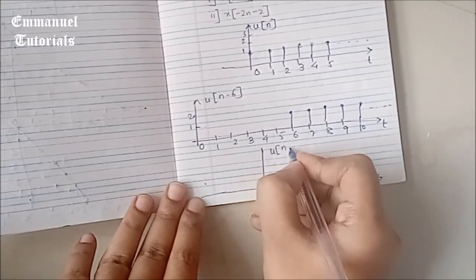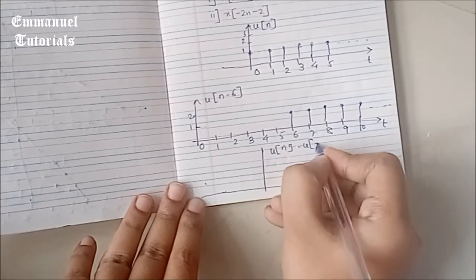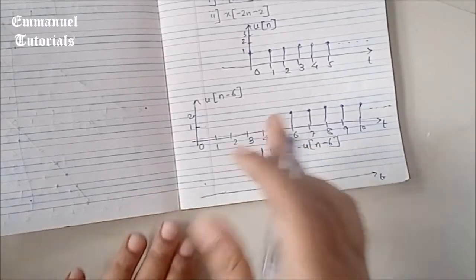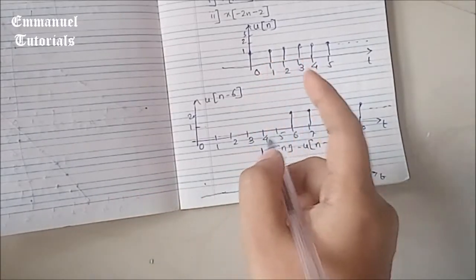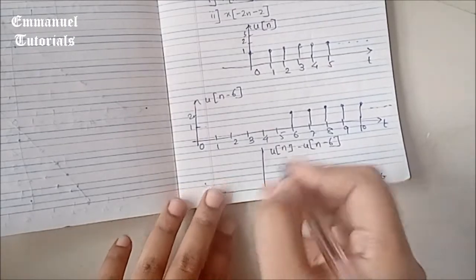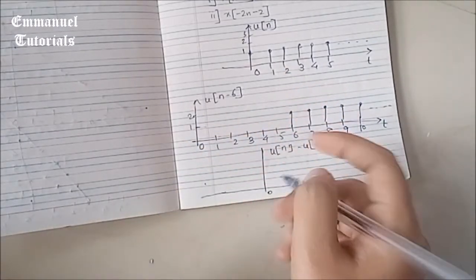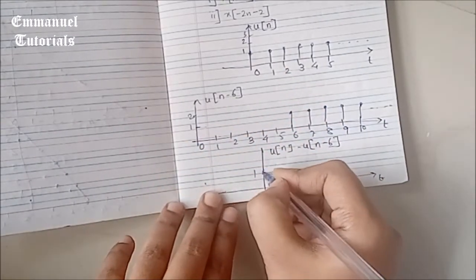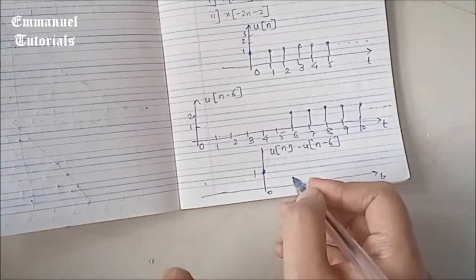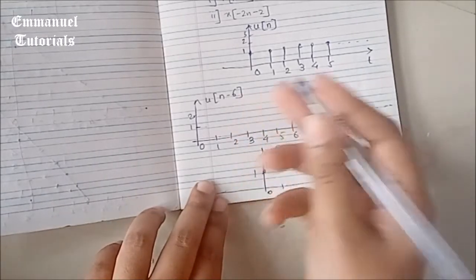U of n minus u of n minus 6. At 0, the first signal's amplitude is 1. Second signal's amplitude is 0. So 1 minus 0 is 1. So the signal's amplitude is going to be 1. Resultant. At 1, the signal's amplitude is 1.